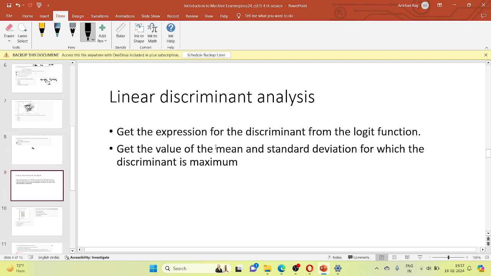You will find the expression of the discriminant or the decision boundary. As you are looking for the mean and the standard deviation, you have to maximize the discriminant. That is actually the loss function here, and it will give you the value of the mean or standard deviation for which it is maximized.